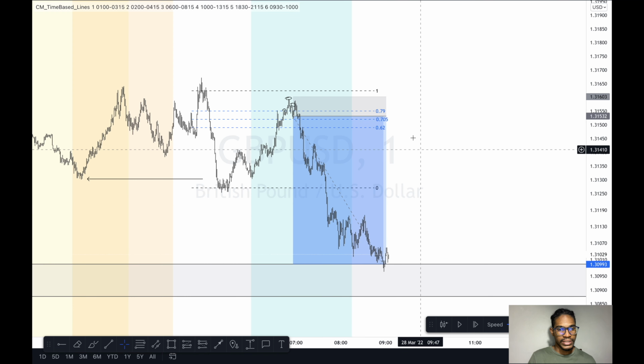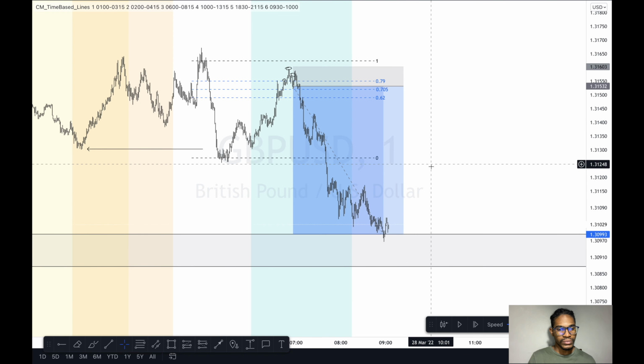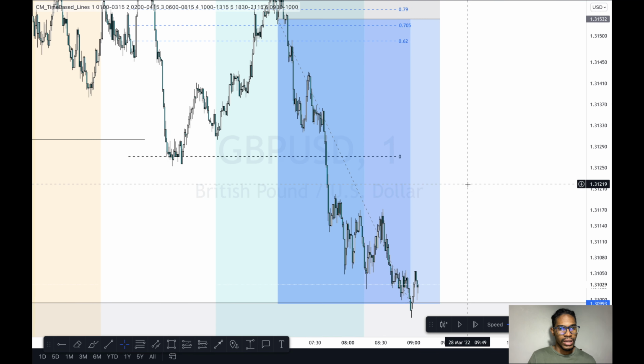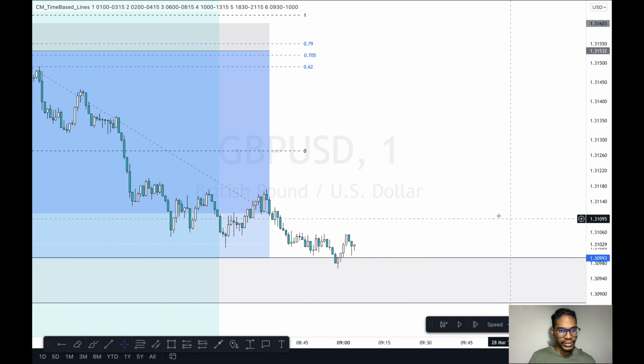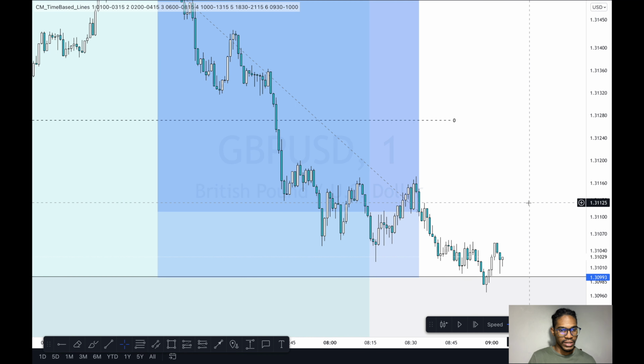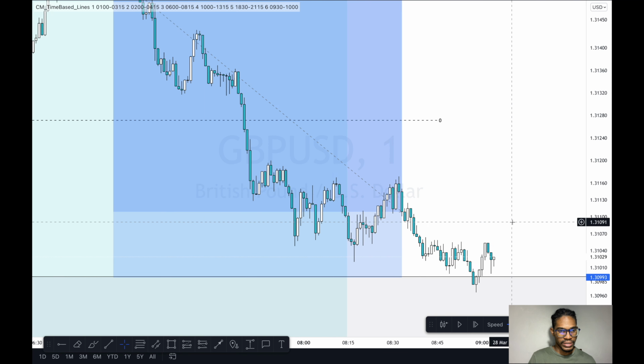And just like that, TP was hit. Now, if we look closer into this trade, we could have even got in on more sell opportunities.